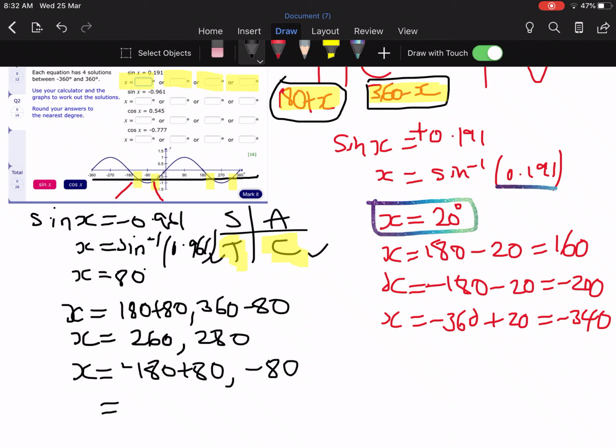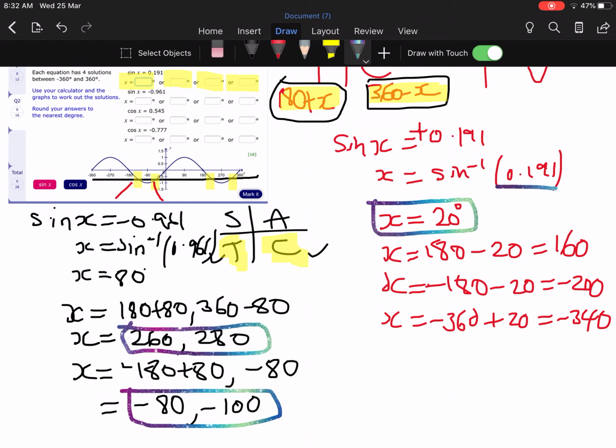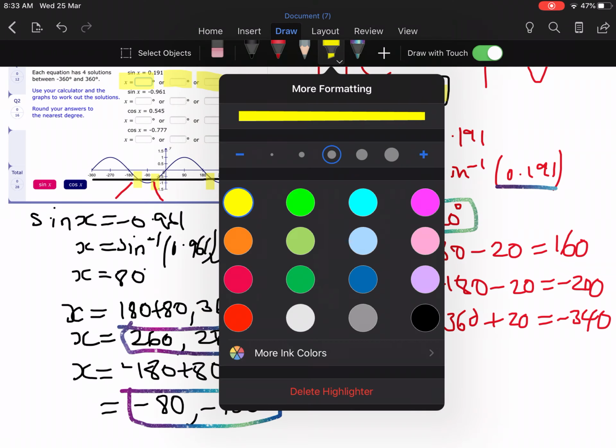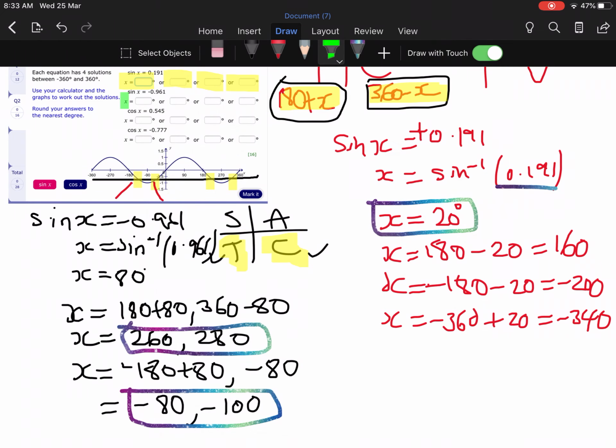So that means I've got negative 80, and then I've got negative 100. So those are my two negative values, and those are my two positive values that I would put into here, here, here, and here.